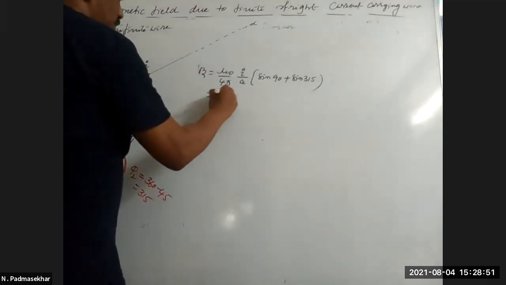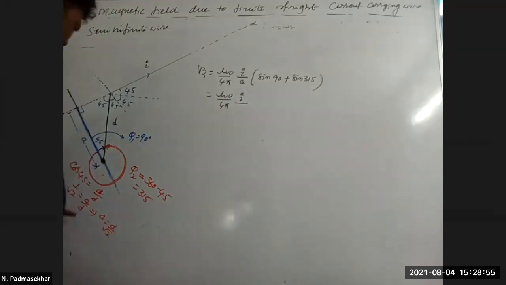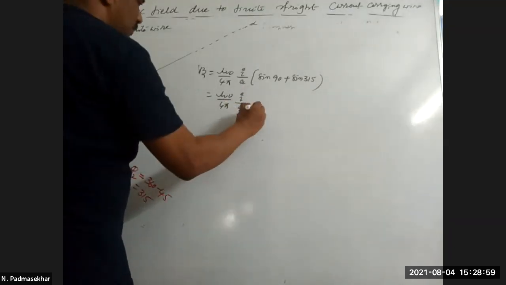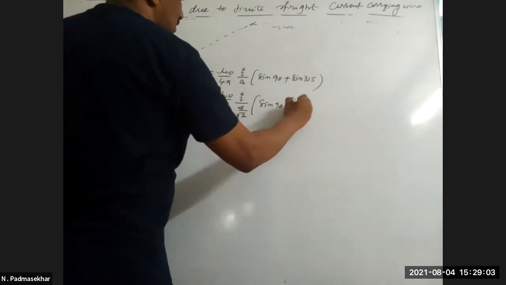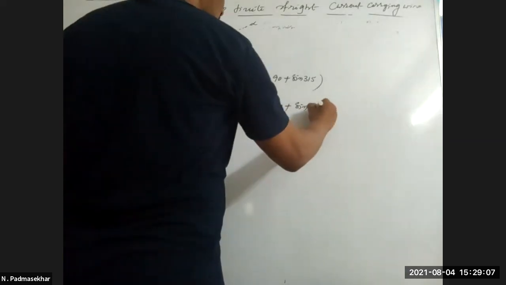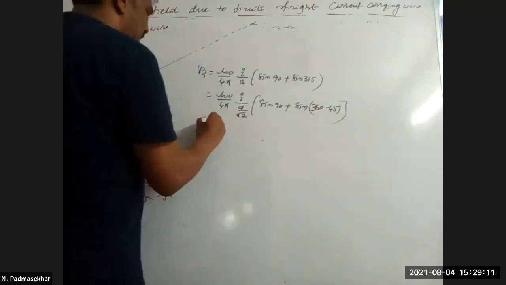And this is equal to mu naught by 4 pi I by A, where A is d by root 2. This is sin 90 plus sin, what is that? 360 minus 45.